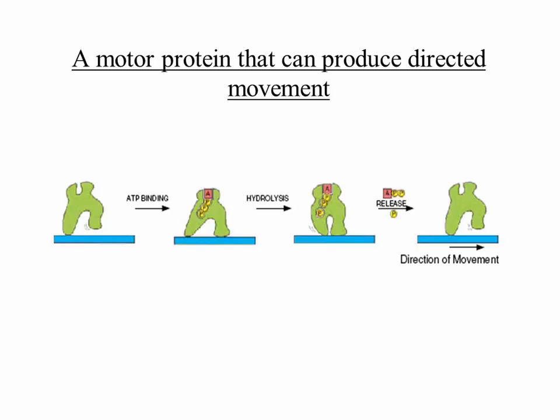So there's not going to be a net movement in either direction. So how do you make this directed movement? Well, you couple the walking with the hydrolysis of ATP. So in the first step, you have the protein in this conformation. In the second step, the conformation has changed slightly. It's stepping on, making contact. Both the feet are making contact.